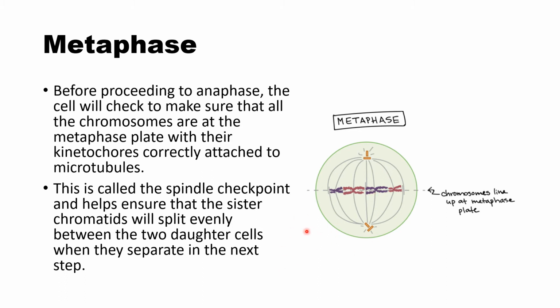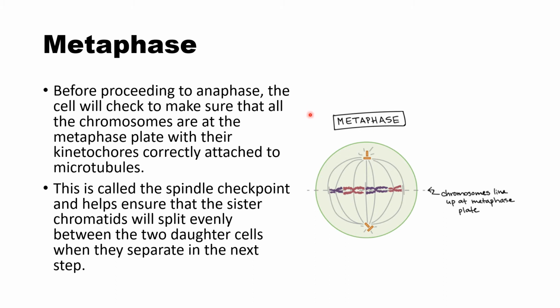So, this is called yung spindle checkpoint na tinatawag, which is important kasi para ma-ensure na yung mga sister chromatids, di ba, ito yung isang chromatid, ito yung isang chromatid, it will split up evenly. Kasi pag hindi nag-align ng maayos, tapos hindi nag-attach yung microtubules ng maayos dun sa kinetochores, pag split up na ito, posible na hindi mag-split up into two separate na chromatids.